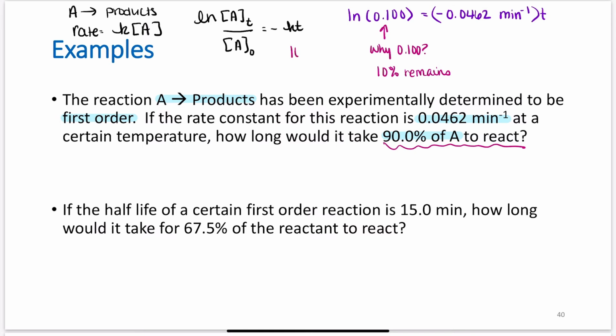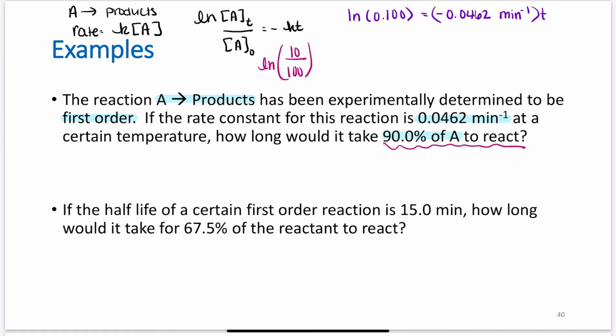You could also write it as 10 over 100 and plug that into there. So the natural log of 10 over 100. Because 90% of A has reacted, that means at time t, 10% remains. I just did the math, and instead of putting 10 over 100 in the log, I just did 0.1. But you need to recognize that that means 90% reacted, 10% remains.